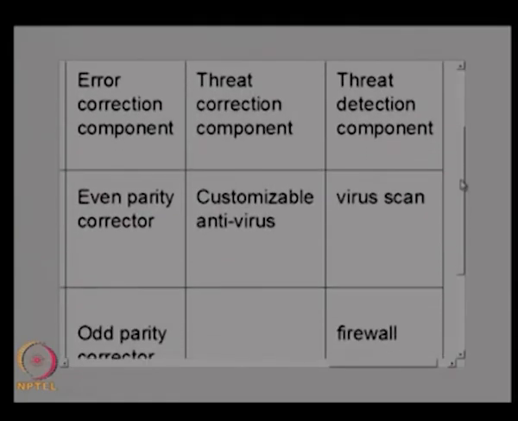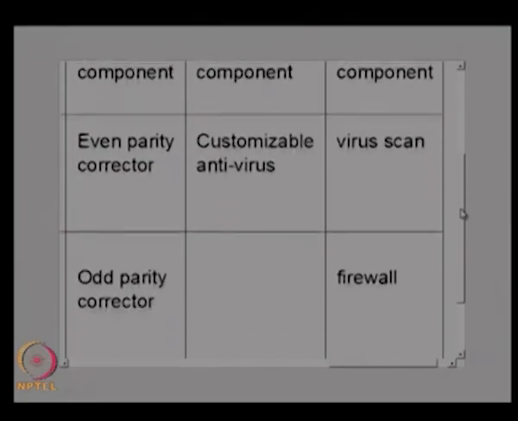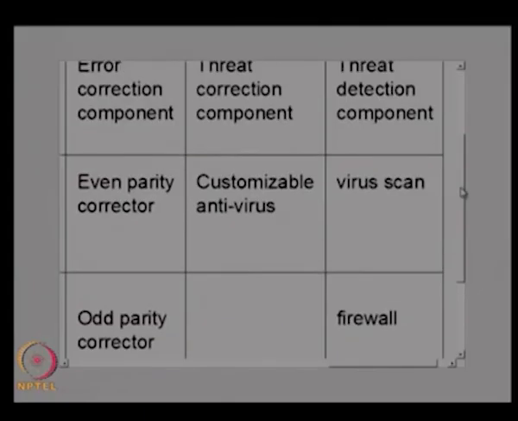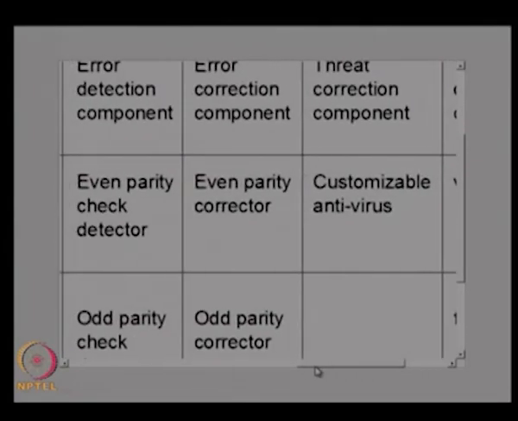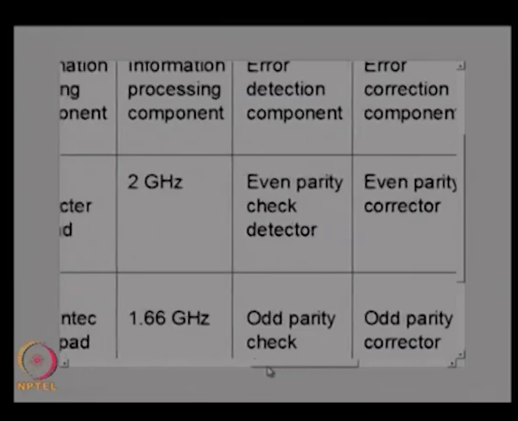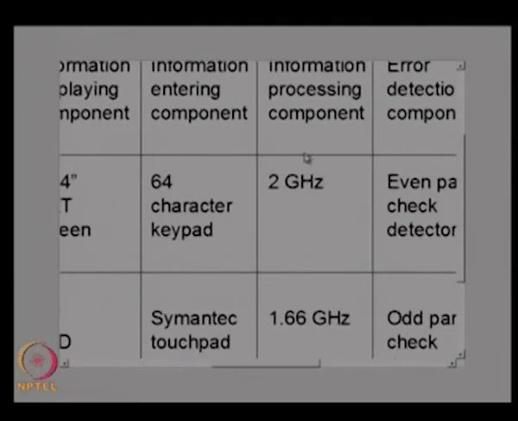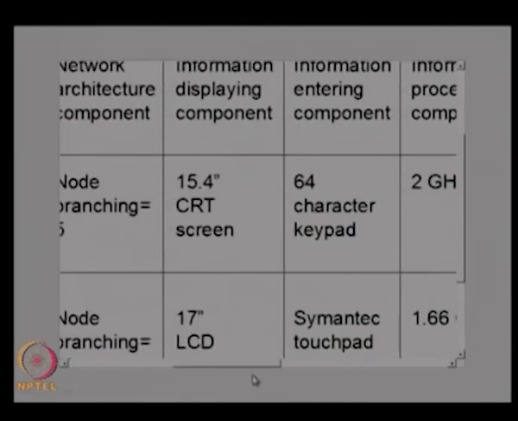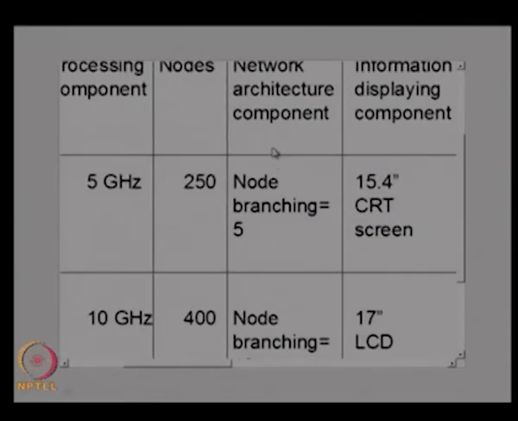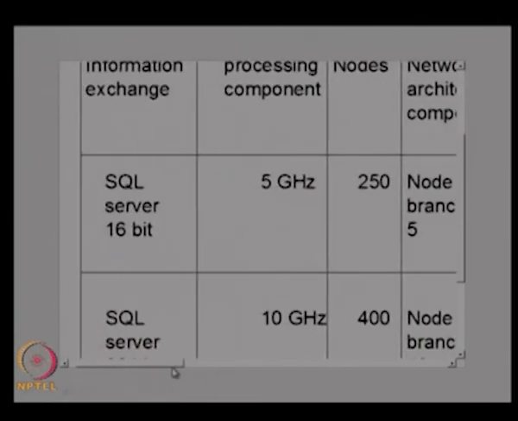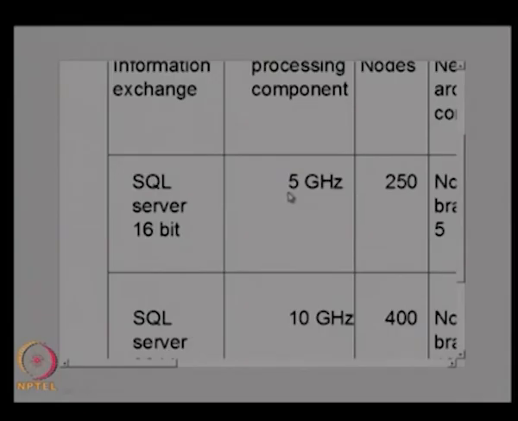You can have firewalls, virus scan methods or antivirus options, parity correction or parity checking. Then we have the options for the processing component, whether 2 GHz or 1.66, the keypad options, the display screen options, node options, then the processing component option, whether it is 5 GHz or 10 GHz, and what kind of server to be used for information exchange.